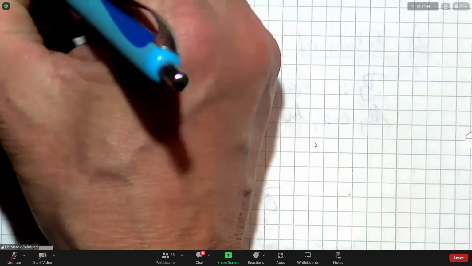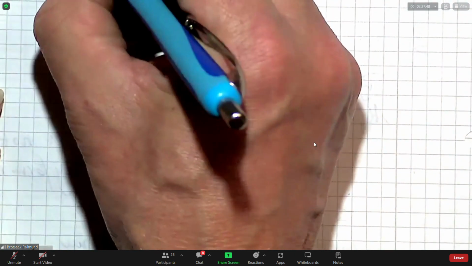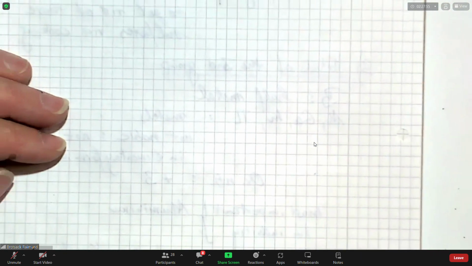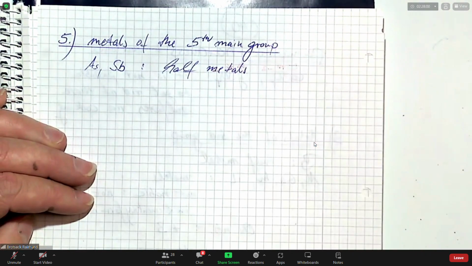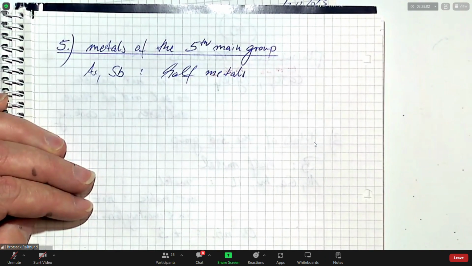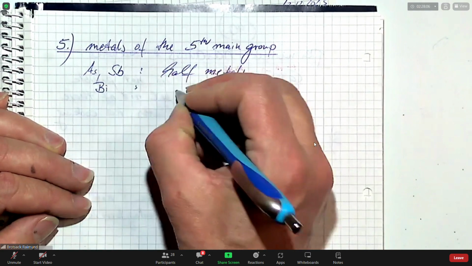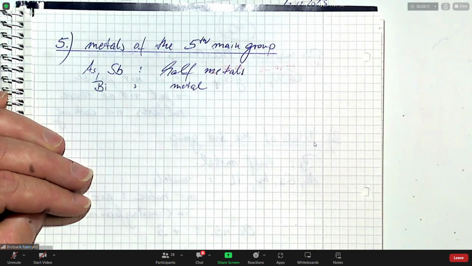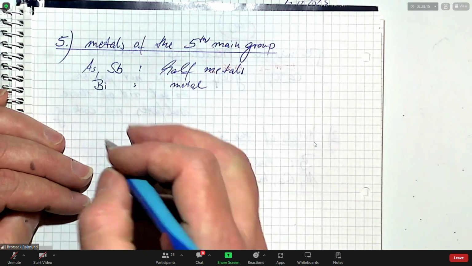So arsenic and antimony, half metals, and the bismuth is a pure metal. And these, which are on the top of the fifth group, nitrogen, phosphorus, are nonmetals.